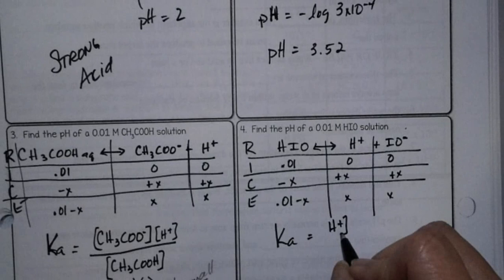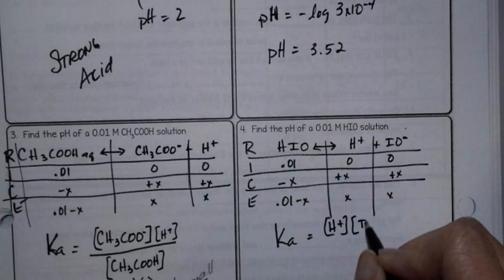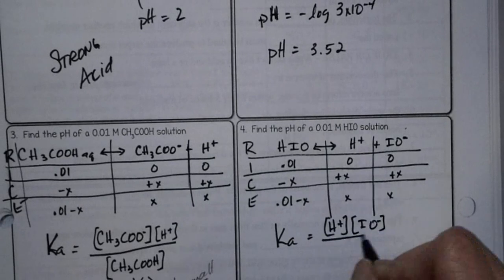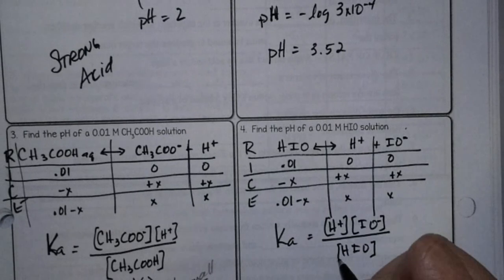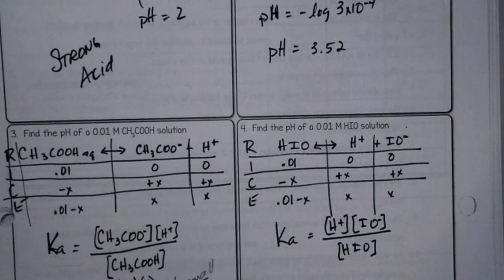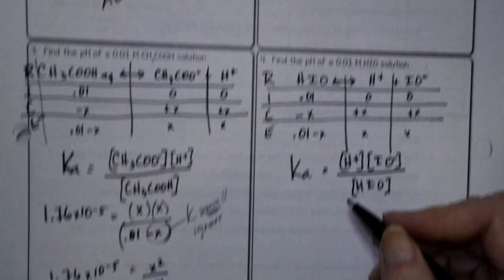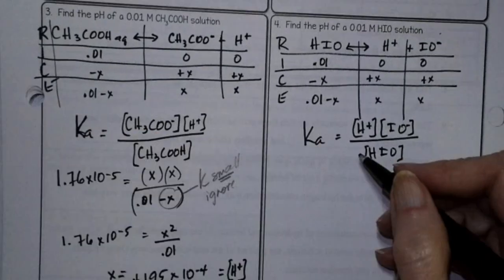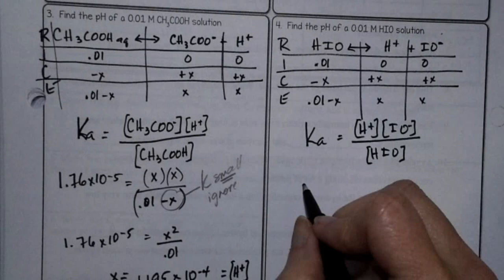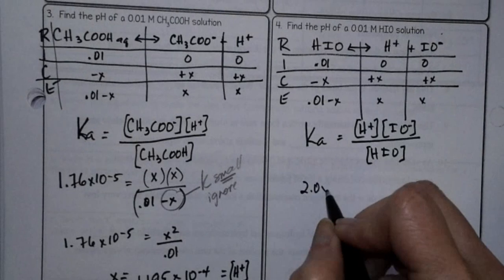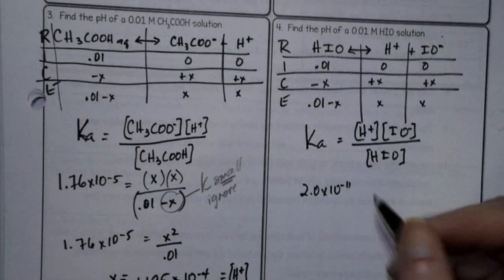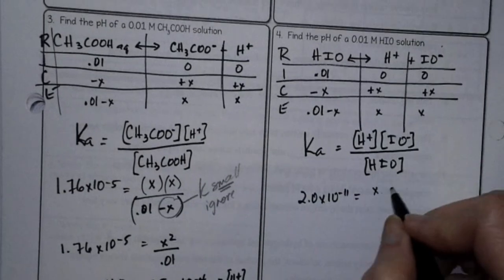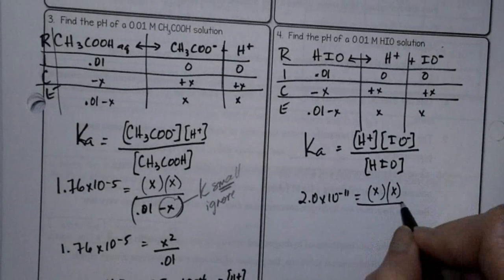Remember that your Ka, look down at the bottom of the page. They gave us Ka for this, and you have to have that. Is Ka really small? Yes. So you can ignore where it says minus x here. Remember, you can ignore that, correct?